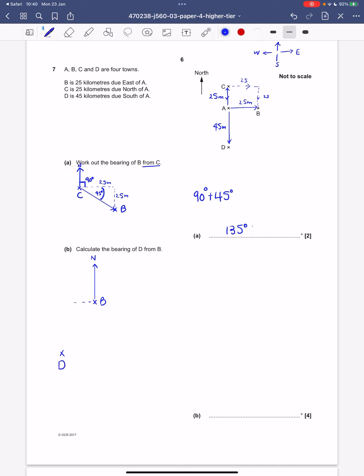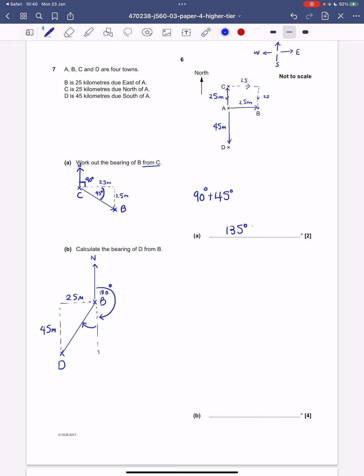What we've actually got is that is 25 and that one there is 45. So we know round to there, that's going to be 180 degrees because that's due south of B. So we need this extra angle here.